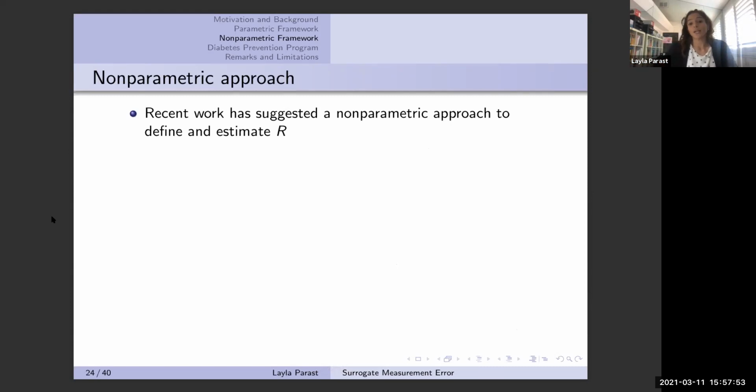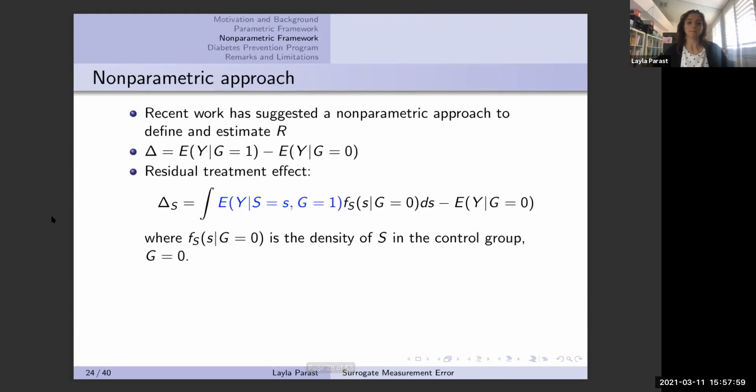Recent work has suggested a non-parametric approach to define and estimate R. This definition is actually the same as the parametric one I started with if those two models hold, but it's just described a little bit differently. So the treatment effect, I'm going to denote as delta, which is the difference in the primary outcomes between the two treatment groups.